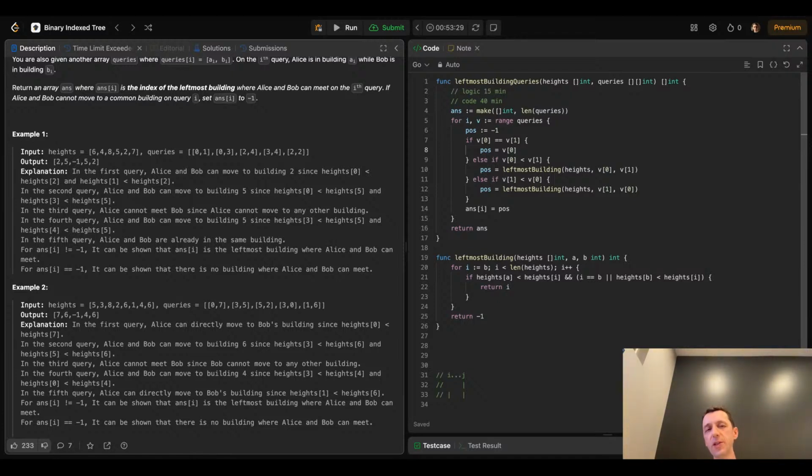If we sort the queries, which are these pairs, that might be of some value, because these are equal by the A's and sorted by the B's, but we still need to redo our search in the buildings because of this little difference that makes us redo the search again.